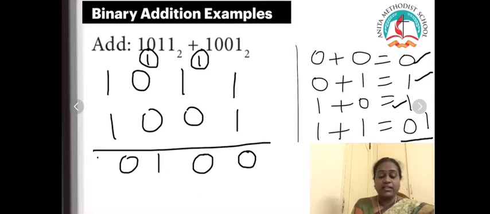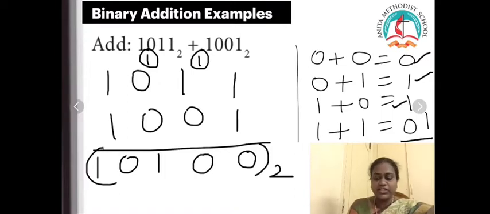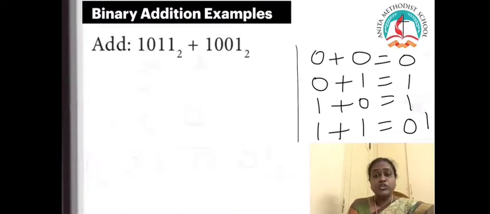The carry I'm writing here because I don't have another digit to carry that on top of. So this is my answer for 1011 base 2 plus 1001 base 2. So I'll be adding a base 2 for this number. So this is binary addition. It is easy when we add two binary numbers.